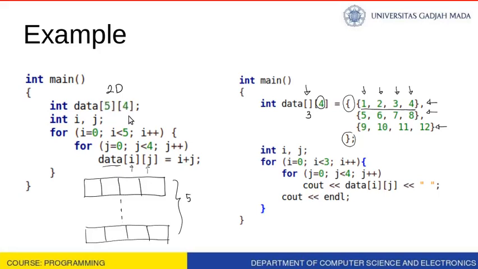So for the first dimension, it is not necessary to define the size of the array. However, you have to explicitly write down these elements. And then how to access this is just the same as the first example.